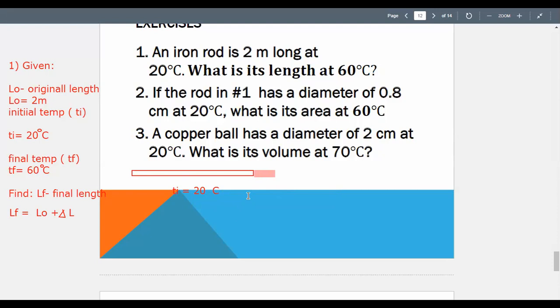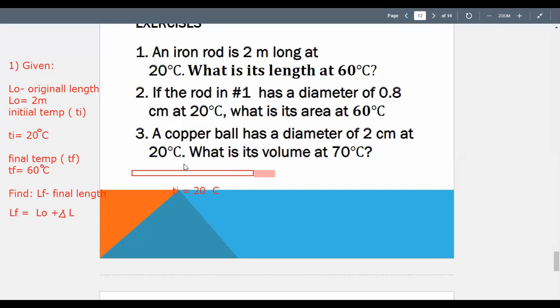So that's the original length. But after we heat it up, a length is added at the end. That's the added length that causes the elongation.